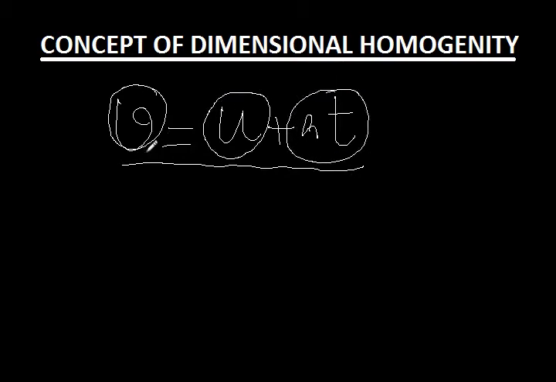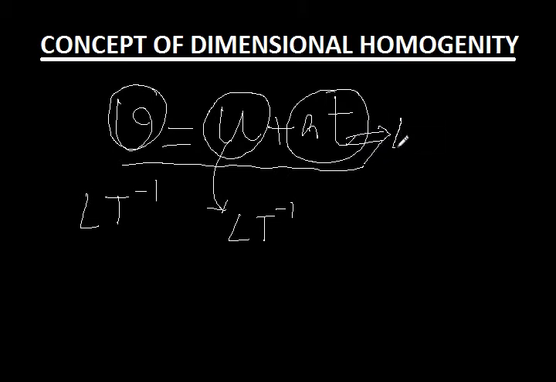Well, let us first check this, whether it is true or not. So this is velocity. Velocity, as you all know, is L t to the power minus 1. So this is U, again a velocity. So this is L t to the power minus 1. Now here we have a product of acceleration times time.